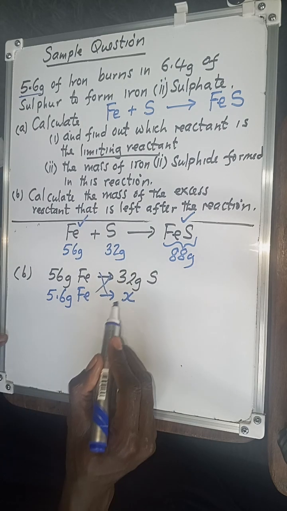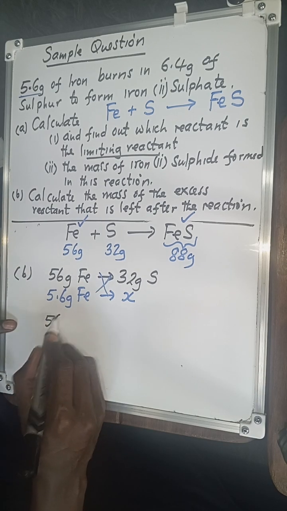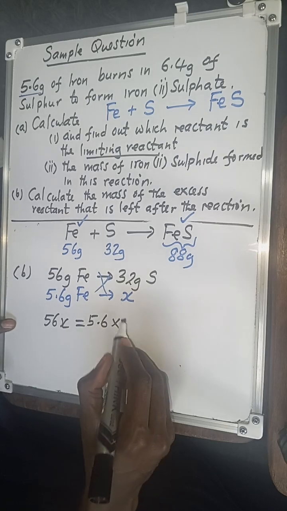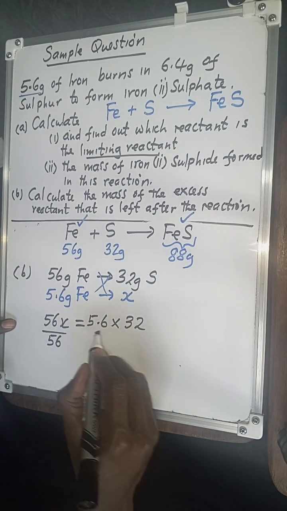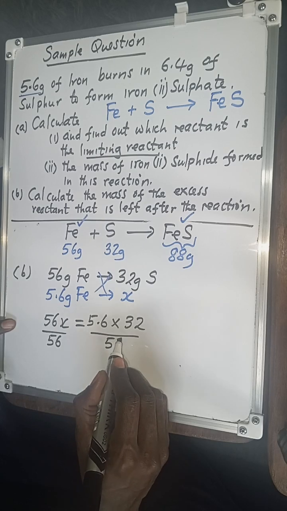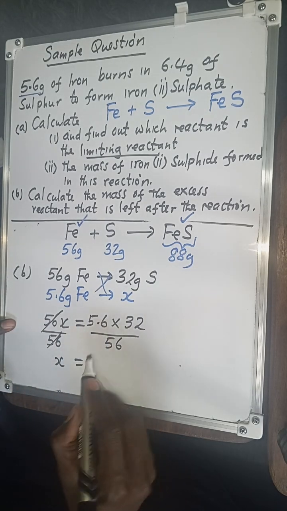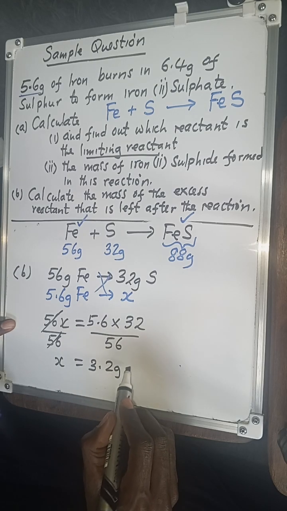Then we cross multiply. That again gives me 56x is equal to 5.6 multiplied by 32. To find x, I'll divide by 56. What I do this side, I do the other side. If you calculate this on your calculator, that gives just 3.2 grams of sulfur.